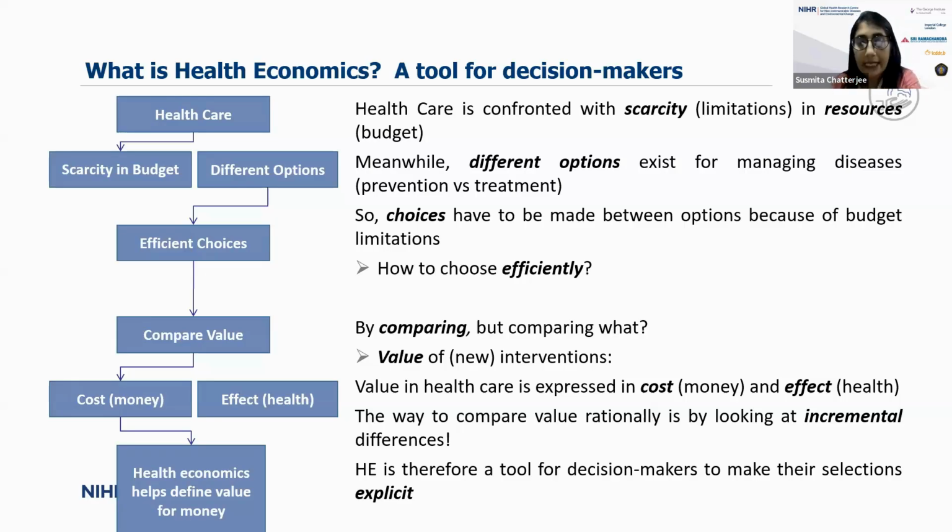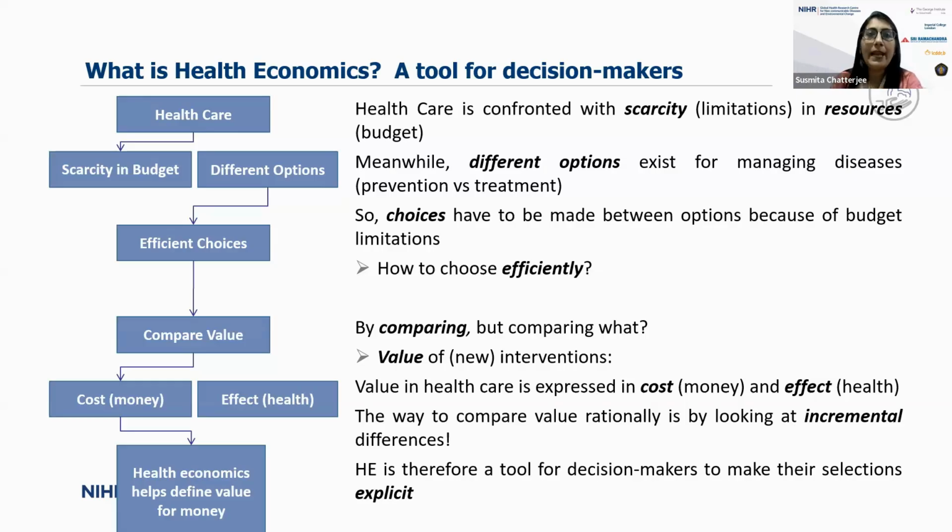But what I'm trying to say is, when I'm choosing, I choose based on two different things. One is cost, that is value. Second is what the intervention is giving me. What is the benefit? What is the effect? The effect could be in terms of health, and in terms of several other things that I will discuss today. Based on these two, I have to take an efficient decision on which one I should choose.